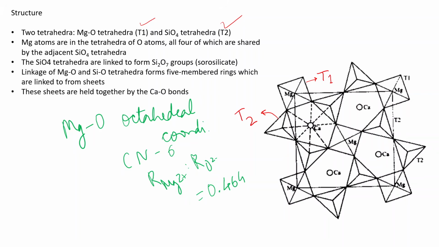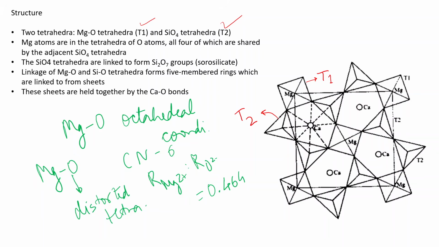But sometimes the Mg and O association also occurs as distorted tetrahedra in some minerals or in synthetic materials as well. But always remember that MgO tetrahedra will not form the building blocks of silicate minerals like the SiO4 tetrahedra.